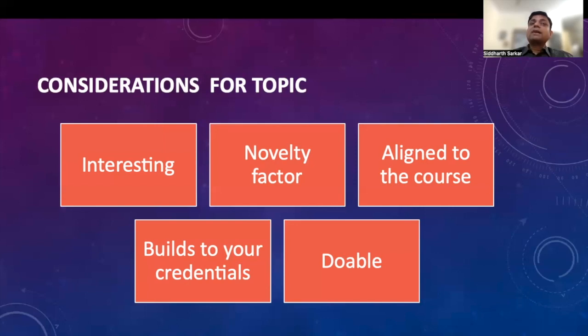If you have something planned in mind in the future, in which direction you are willing to work, the thesis should be aligned to that direction of research that you want to pursue in future, and it should be doable as well. If you plan something which is very exotic or very exuberant but is not feasible, then you might get stuck after starting your thesis. So it should be something that is doable as well, given your constraints and circumstances.